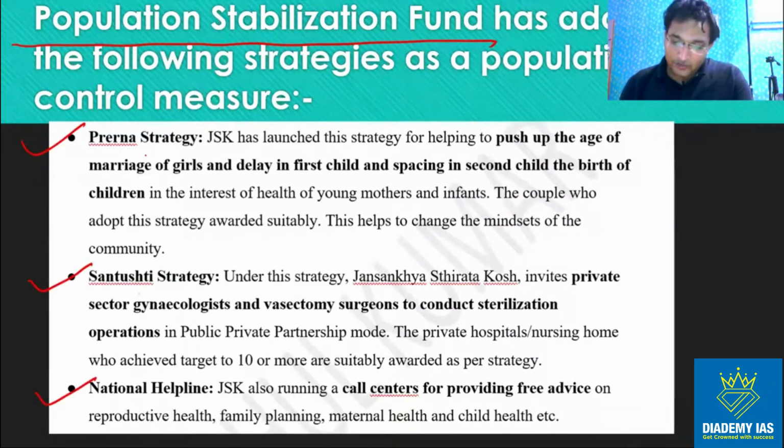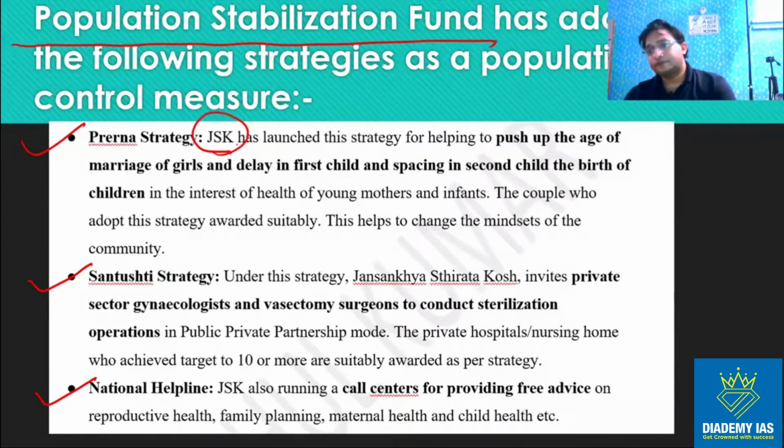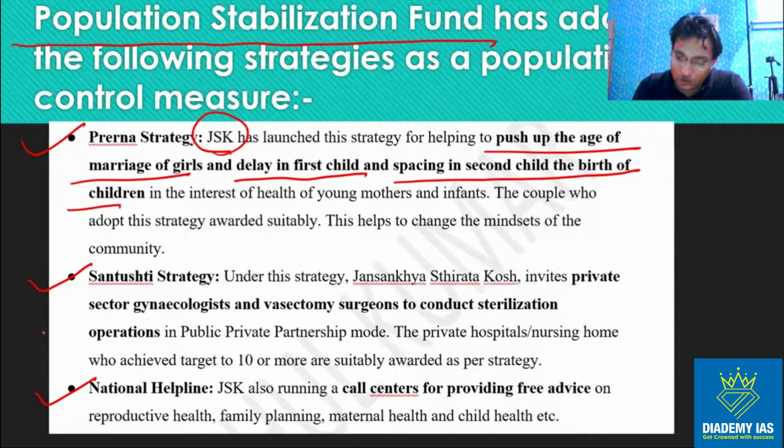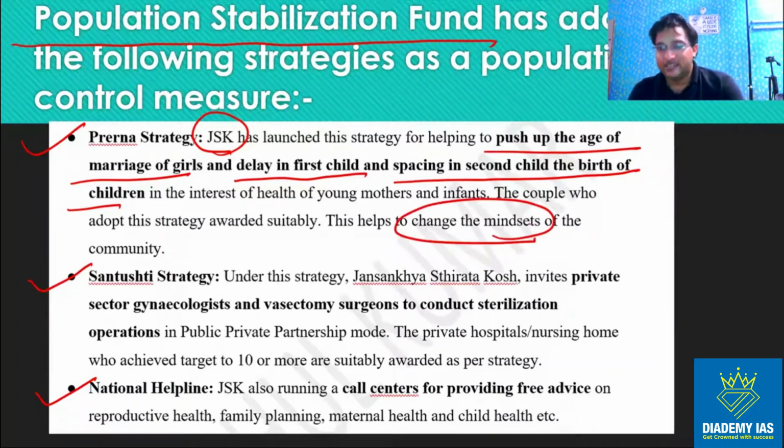ठीक है, so under the Prerna strategy, जननी सुरक्षा कार्यक्रम has been launched to push up the age of marriage of girls and delay the first child and spacing in the second child. So the purpose is to provide awareness and other facilities, working on change of mindset, awareness. ठीक है, संस्कृति strategy.